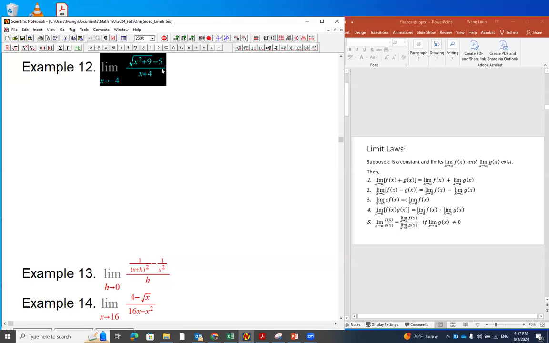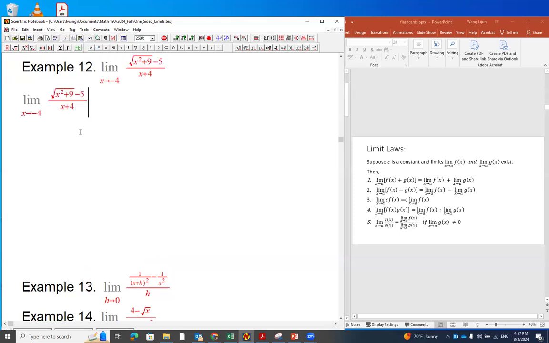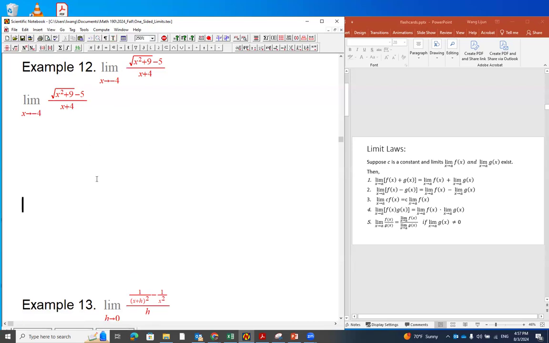On this example, number 12, you can see we still cannot use the properties of limit laws, and we cannot use direct substitution either, because x approaching -4, x plus 4 is going to be approaching 0, or -4 is not in the domain of the function. So we cannot apply those nice properties.